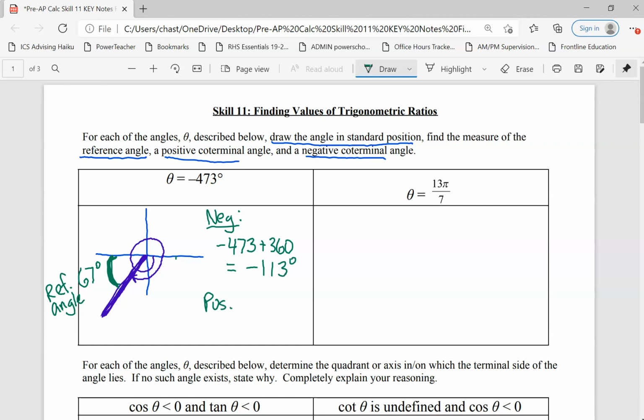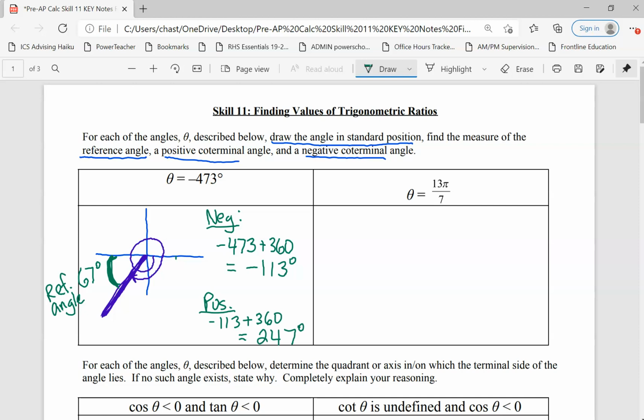And for a positive one, I'm just going to take that negative 113 and add another 360 to it. That's going to give me 247 degrees.